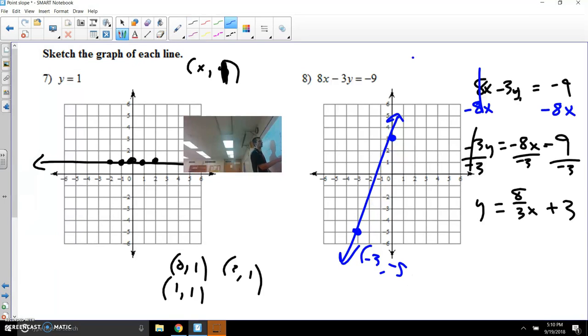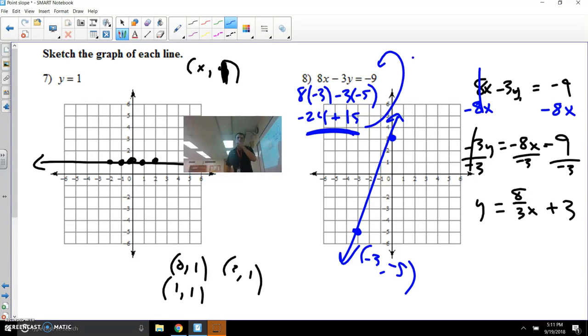If this point really is on the line, when I plug in -3 and -5, it should calculate the correct value of -9. So what is 8 times -3 minus 3 times -5? 8 times -3 is -24, and -3 times -5 is positive 15. Those values do in fact give you -9, so this line is graphed correctly.